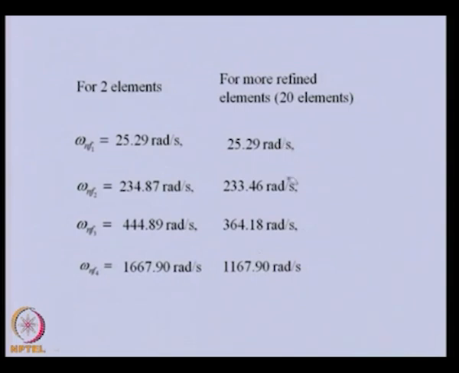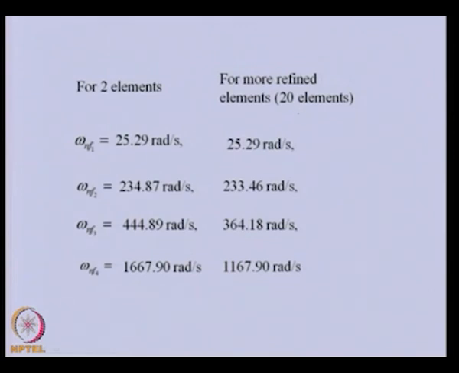So if we are interested in the first few, then even 2 elements is good enough. But it is always better to check by increasing the number of elements how the natural frequencies are changing.